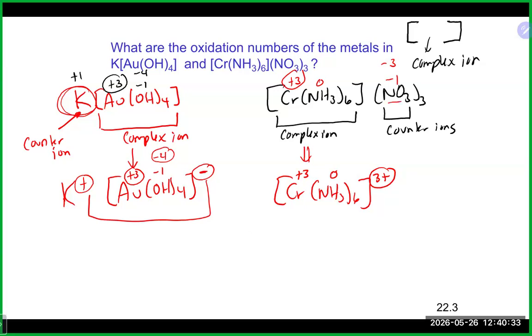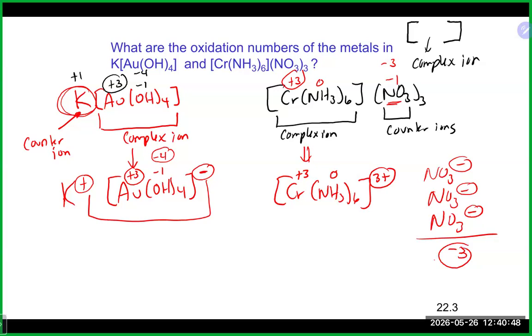That is why when I come over to nitrate, which is NO3 minus, I don't just need 1 of them, and I don't need 2 of them, but I need 3 of them to give me a -3 charge that balances out the +3 charge, which is why I need 3 of them. So we see a positive complex ion and a negative counter ion to balance it out. Any questions on that?